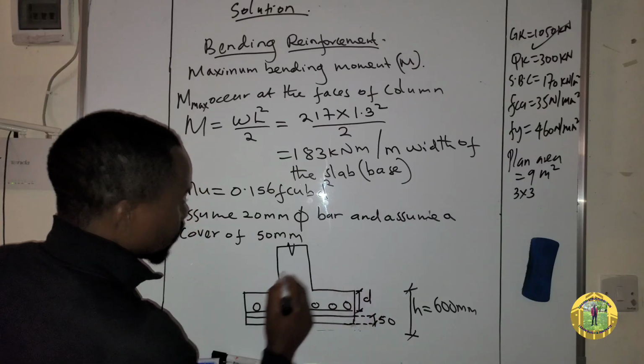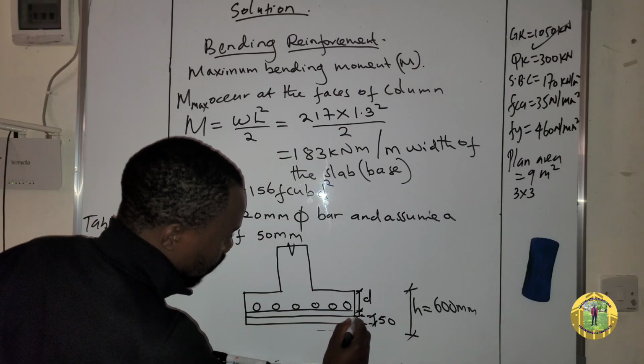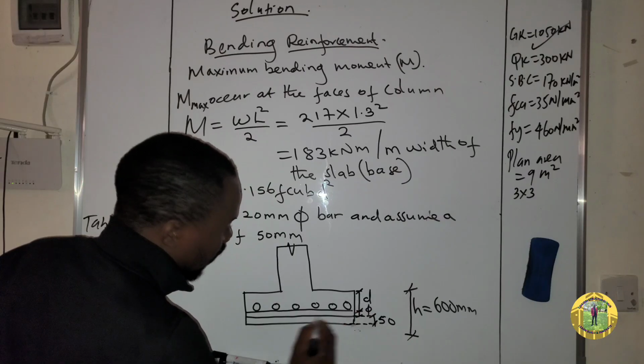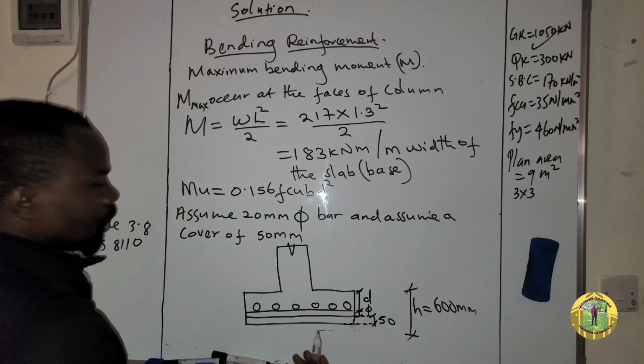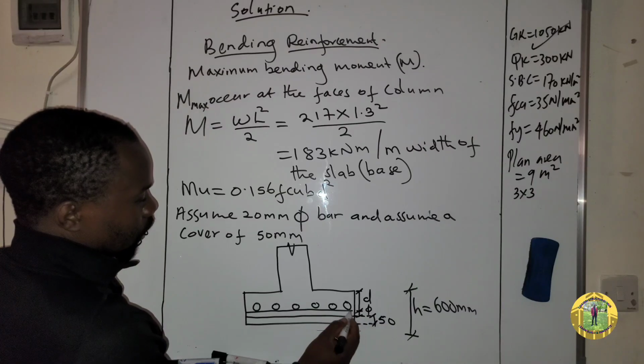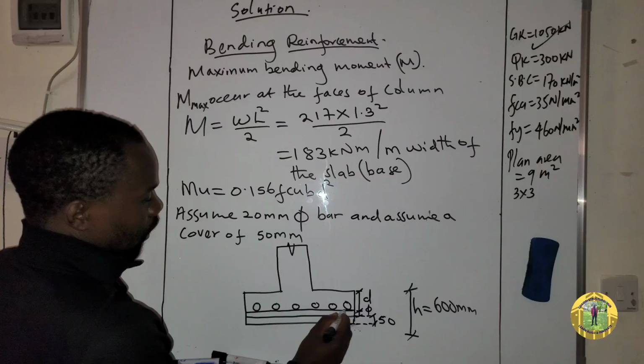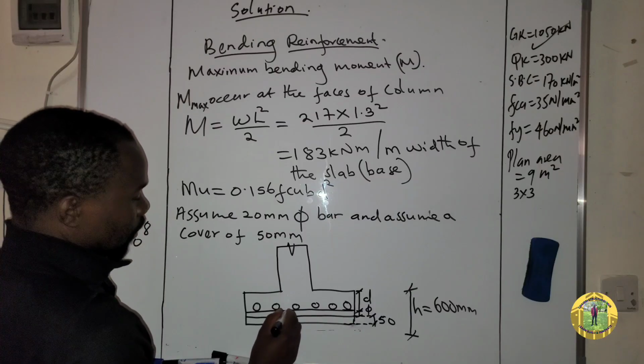This is our D. And remember, this is our diameter. So D is all the way from the top of the compression side to the center of these two bars. As you can see, this is the main bar.